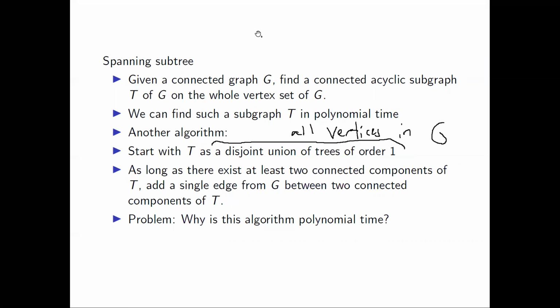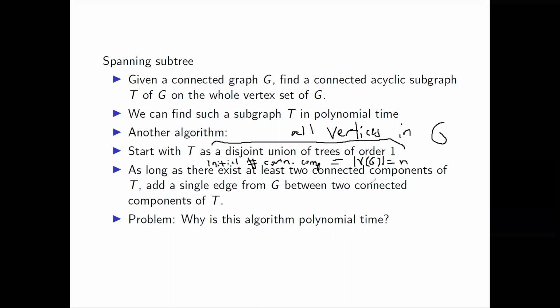And I claim that that gives us a tree at the end, because this must terminate at some point. So the number of connected components at the beginning, so the initial number, is equal to the cardinality of the vertex set of G, which we called n on the other slide.